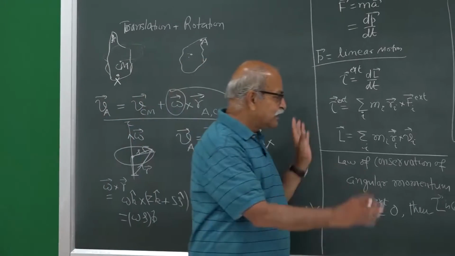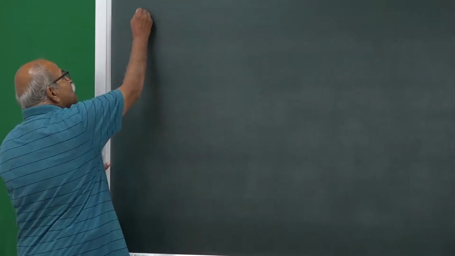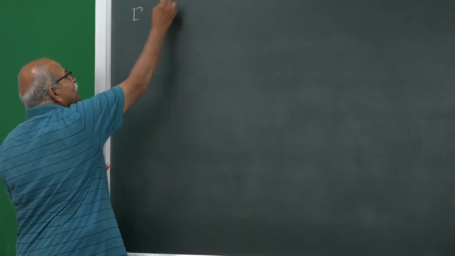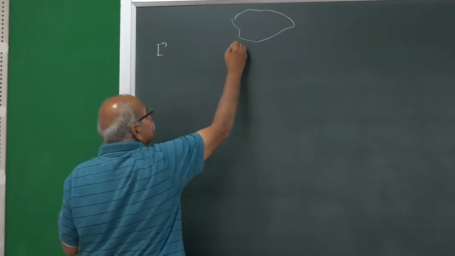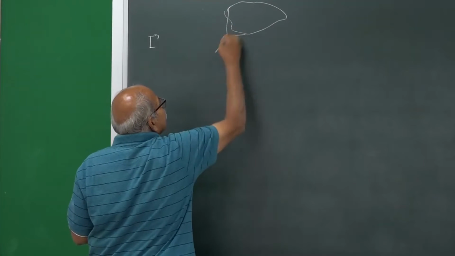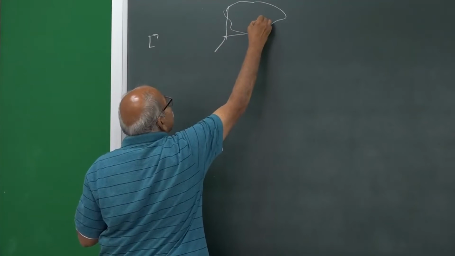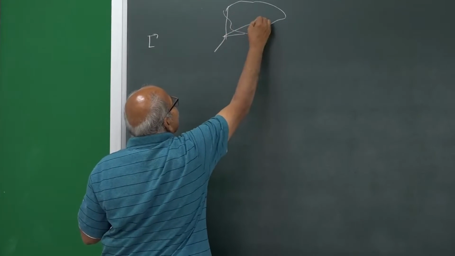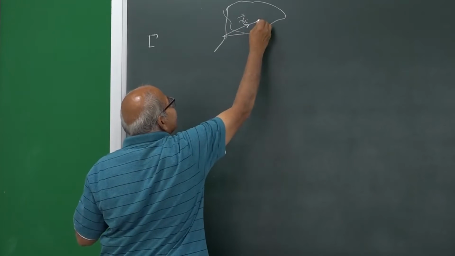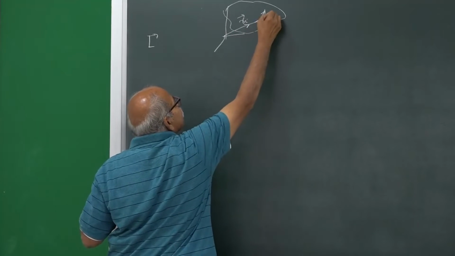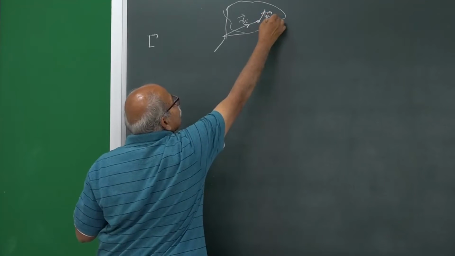Okay. So, let me make some space. Angular momentum vector L, I am talking now of some rigid body, there is some origin somewhere, and then I am talking of some particle, ith particle, and this is position vector r_i, and then this particle at this instant has some velocity v_i.